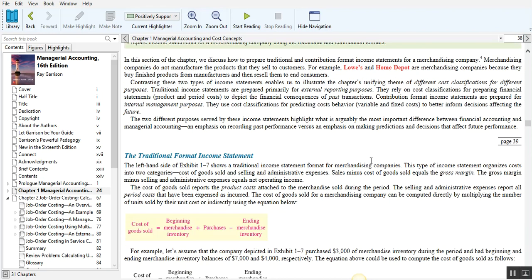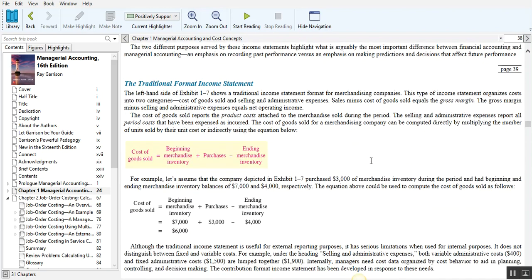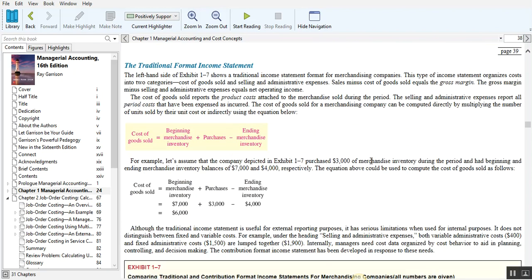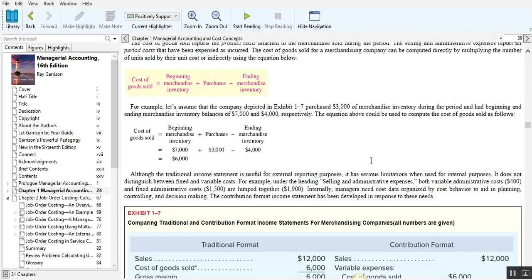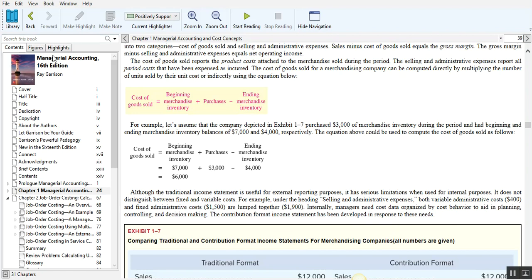Now, we're going to look at here the format for the income statement, and we're looking at the traditional versus the contribution format. Remember when we did cost of goods sold, we were looking at beginning inventory plus purchases minus ending inventory to get the actual cost of goods sold.